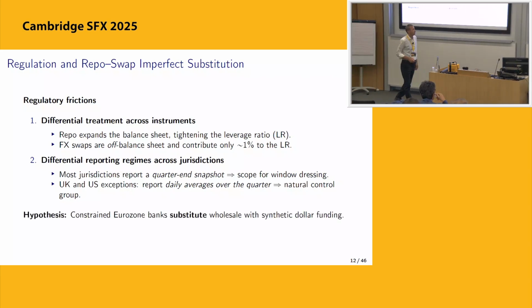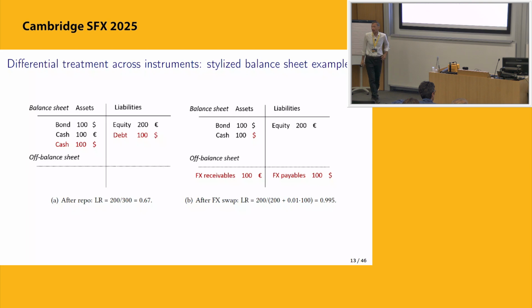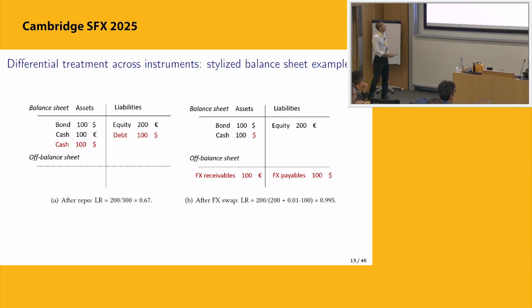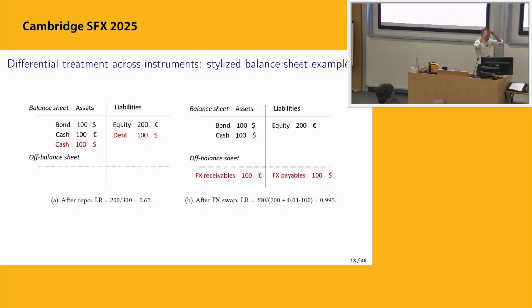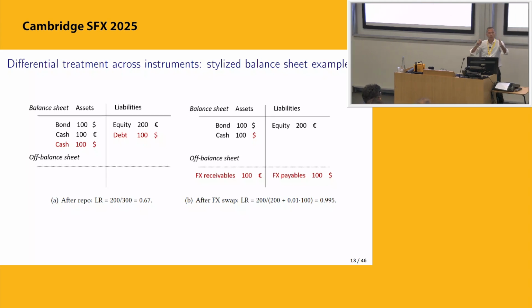Okay? So let me give you a stylized balance sheet to understand the differential treatment across jurisdictions. On the left-hand side, you get a simplified balance sheet if you borrow from the wholesale funding market with a repo, right?